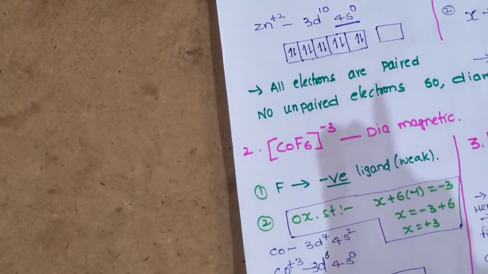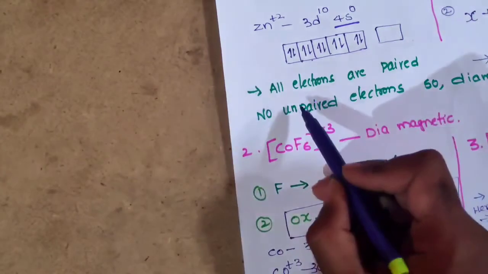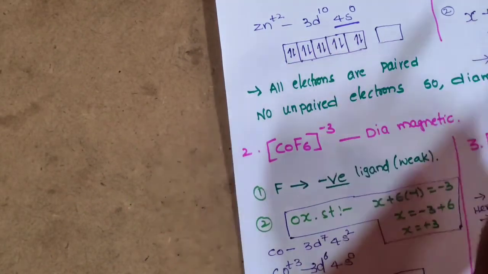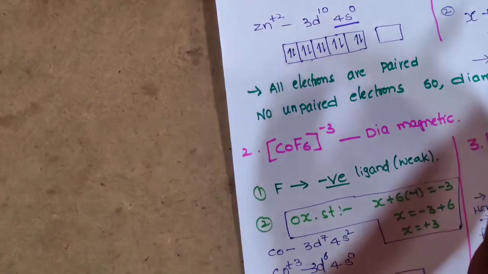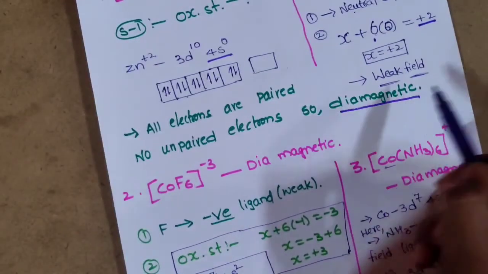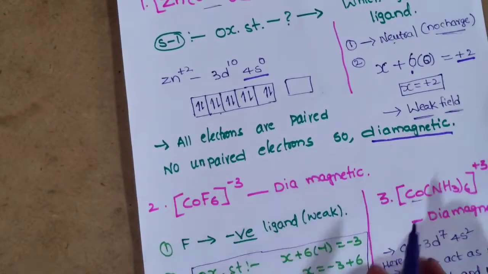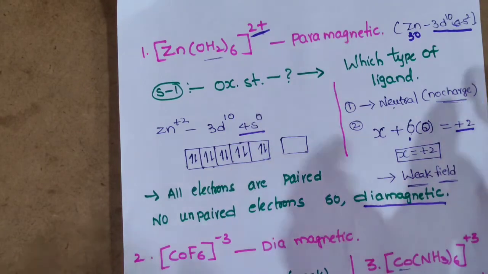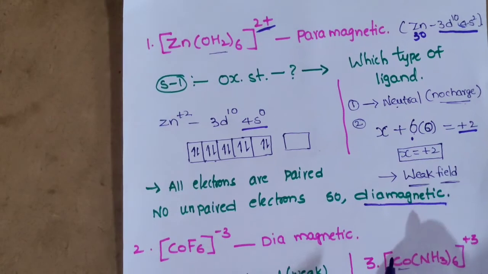Now our answer is here, because all the electrons in these orbitals are paired up. There are no unpaired electrons, so it is diamagnetic. If there exist any unpaired electrons in the orbitals, then that particular molecule or complex is said to be paramagnetic.